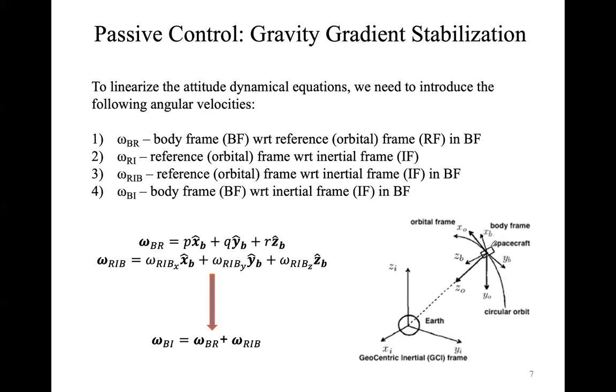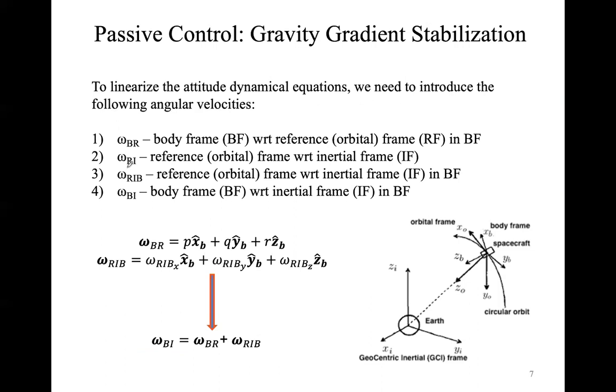Let's start from the first vector that we have to take into account. The first vector is the angular velocity between the body frame and the orbital reference frame. This is omega br. Every single vector, as I said, is in the body frame. The second vector is the omega of the orbital reference frame with respect to the inertial reference frame. In the next slide, all those vectors are explicitly stated.